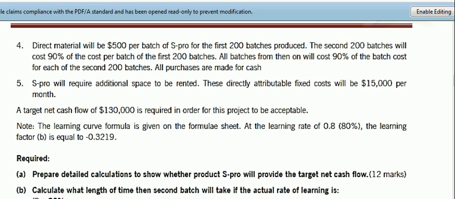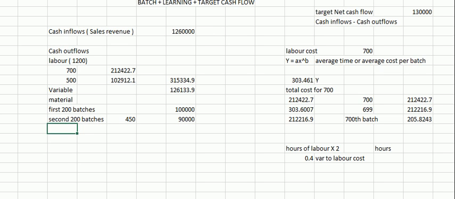After that it says all batches from then on. By then on it means that after the 400th batch, after you have produced the first 200 batches and the second 200 batches, all batches from then on will cost 90% of the batch cost for each of the second 200 batches.